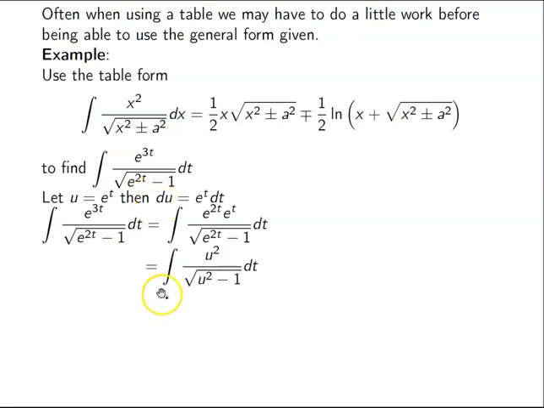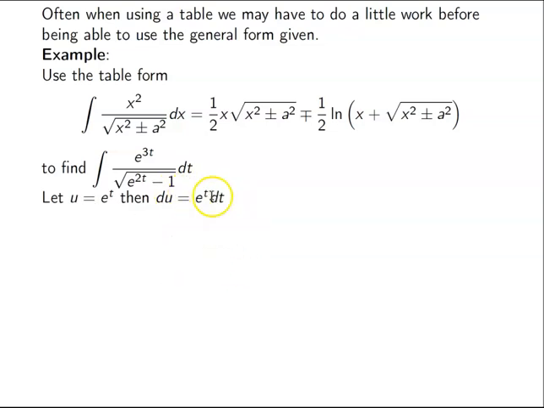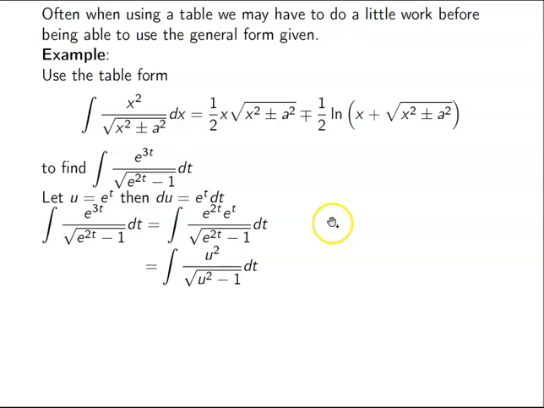So when I make my u substitution, it matches identically with what's here: u squared over square root of u squared minus 1. We got that because pulling out du, e to the t dt, allowed us to lower this degree by 1 so that when I make my substitution, it matches what I have. So I have u squared over square root u squared minus 1, which matches perfectly.